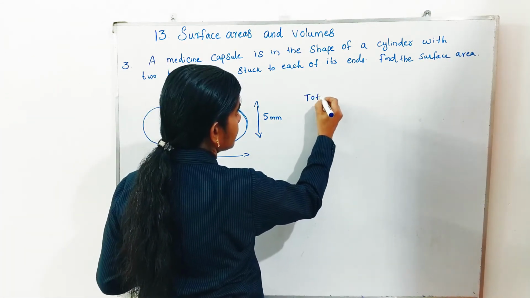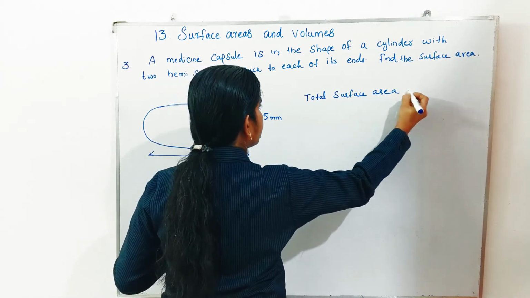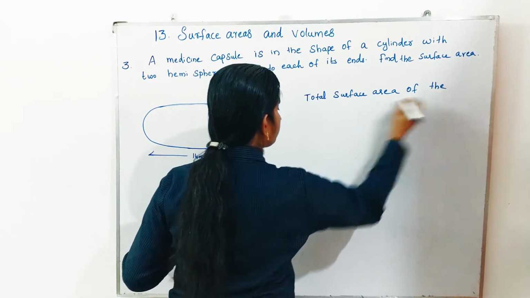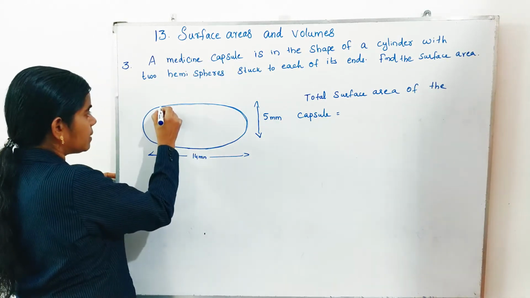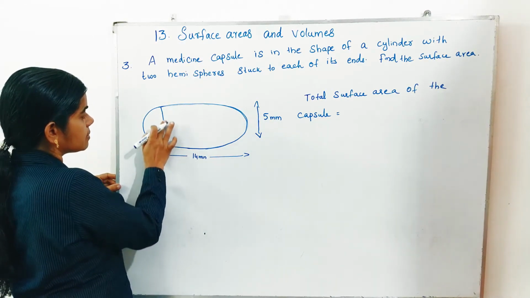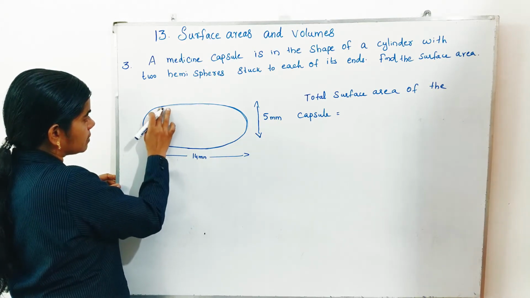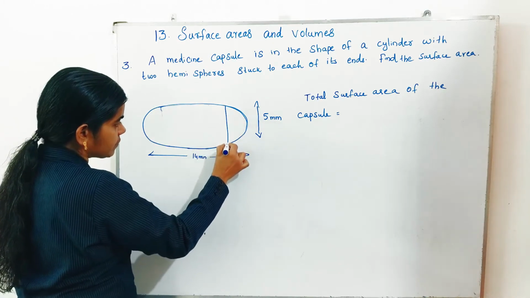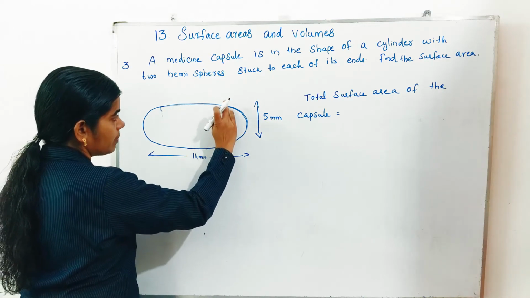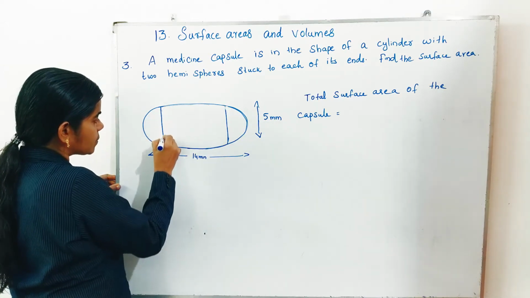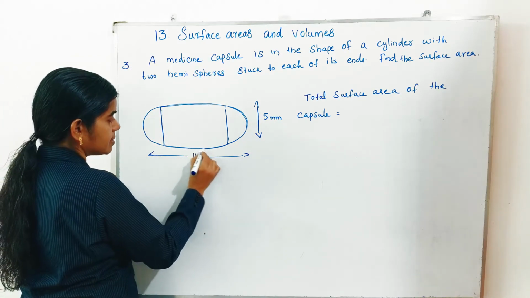Total surface area of the capsule is equal to, as already told, here is one hemisphere, here also one hemisphere, then this part is the cylindrical shape.